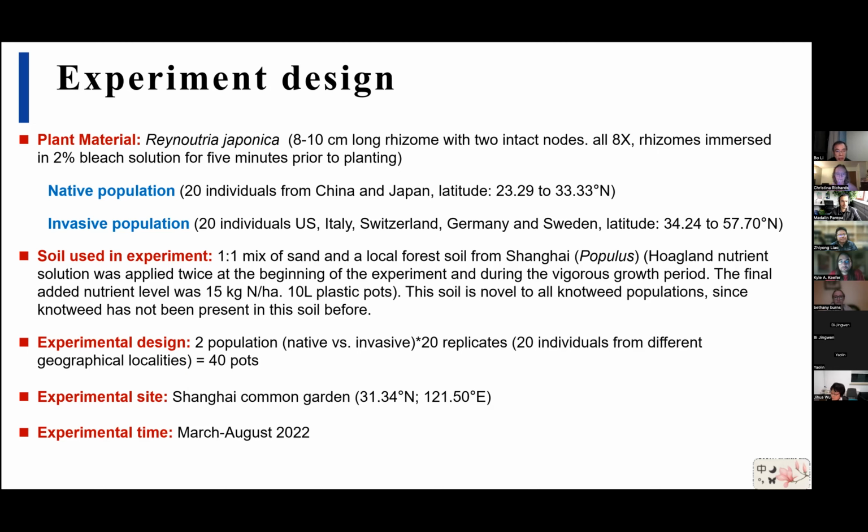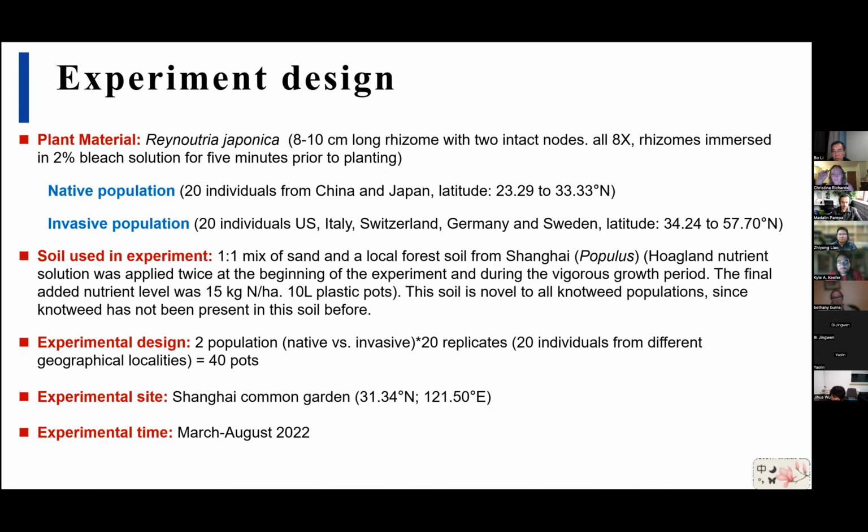And the other one, you analyze the difference in microbial community of native and introduced populations. The experiment was done in the common garden in Shanghai.